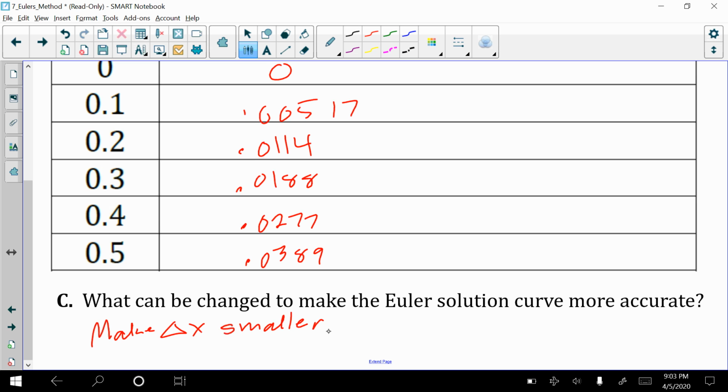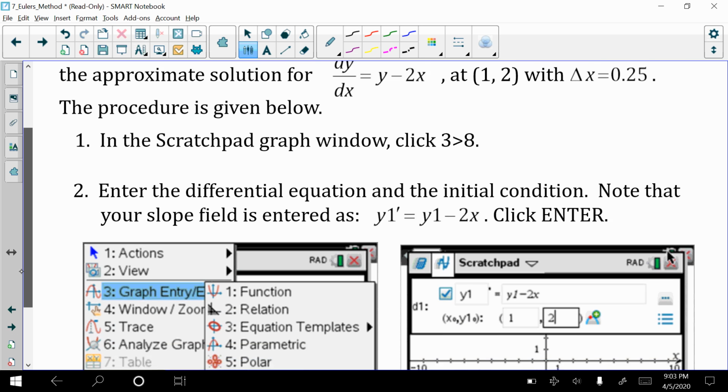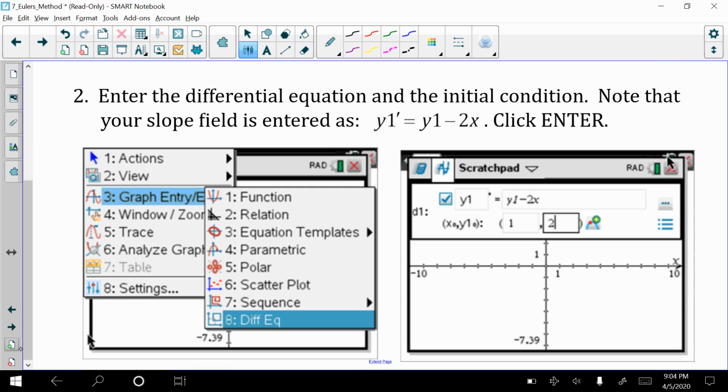And the last thing that we're going to be looking at in our notes here is walking you through how you can graph the differential equation in a graphing calculator and see how things are going to change. This is something that you can do on your own.